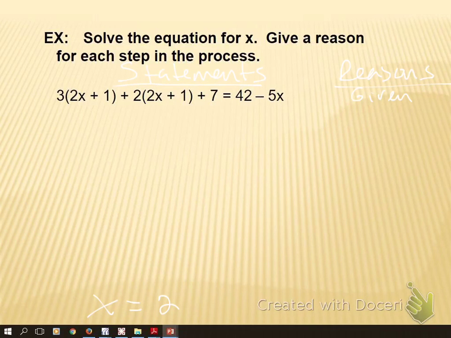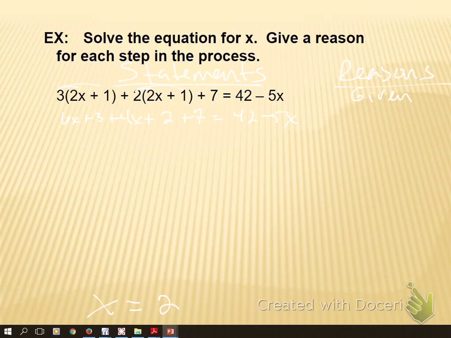Now, with algebraic proofs, it's pretty easy to come up with the next statement because you're just solving the equation. What would you do first to solve this guy? Well, hopefully you're saying you would distribute. So we're going to distribute the 3 and the 2, and we end up with 6x + 3 + 4x + 2 + 7 = 42 - 5x. Now, why do we get to do that?